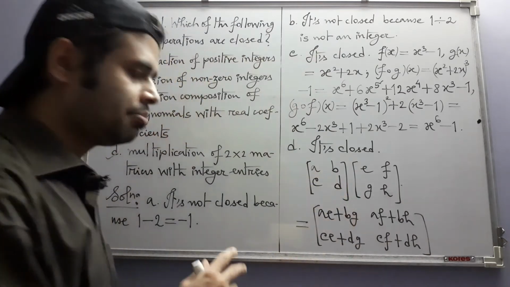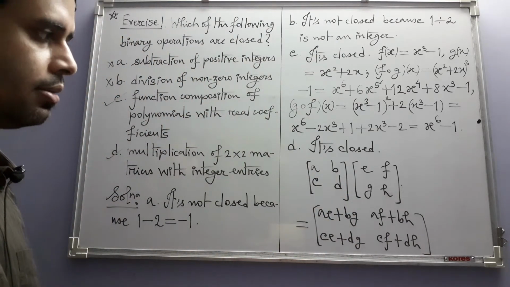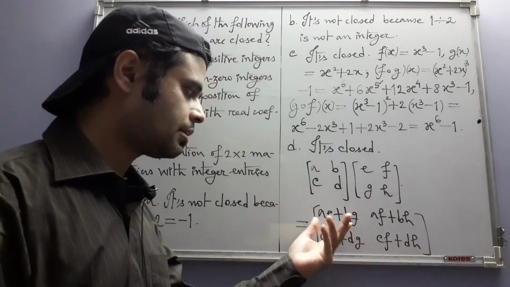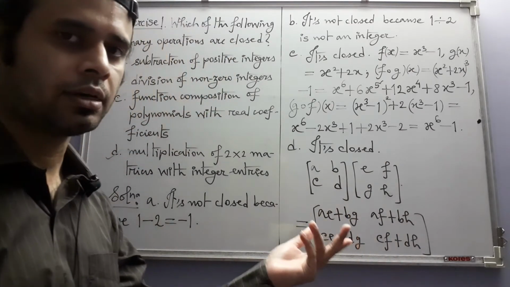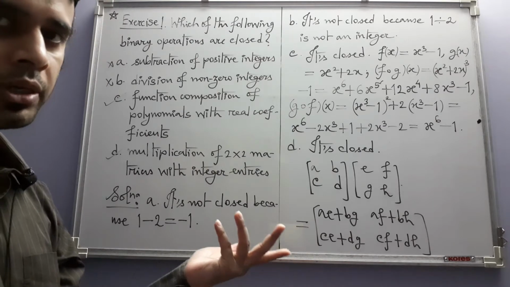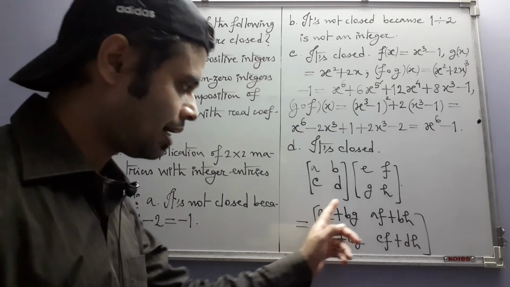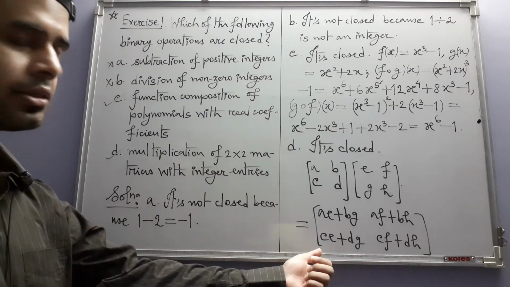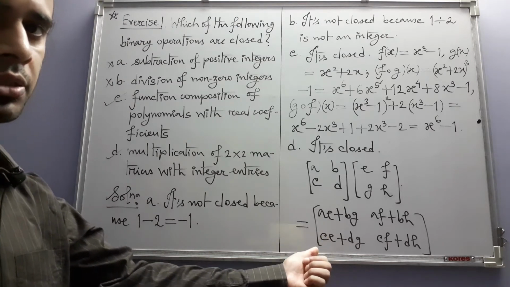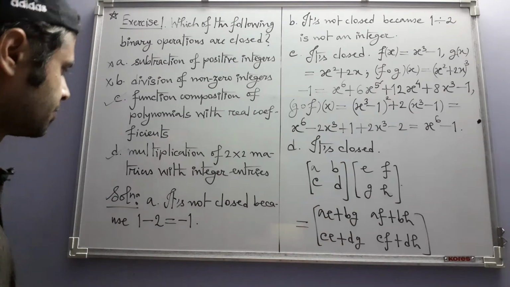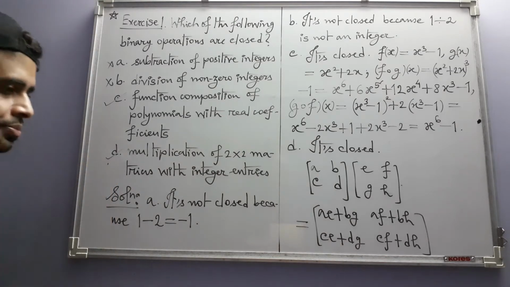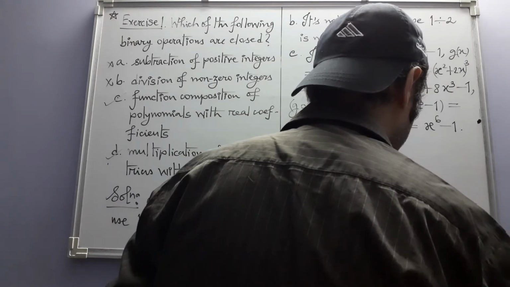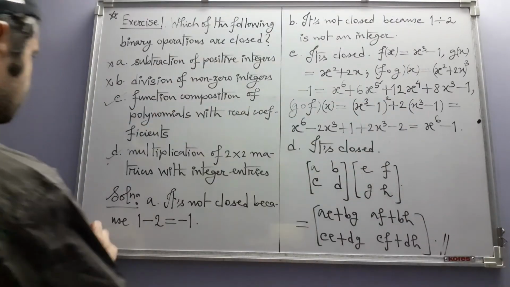Now here A, B, C, D, E, F, G, H, these are all integers, and in these entries you can see that the operations we are using are addition and multiplication of integers. So ultimately these entries are also integers. So that's why the result is again a 2 by 2 matrix with integer entries. So that's why this is closed. This completes the first solution.